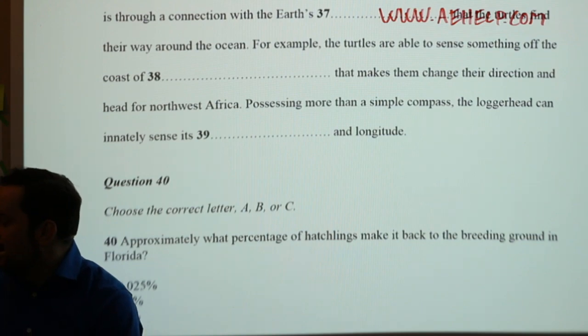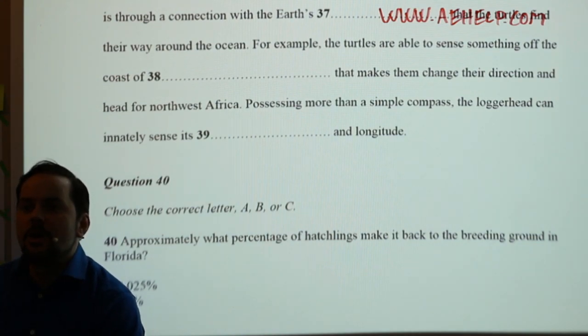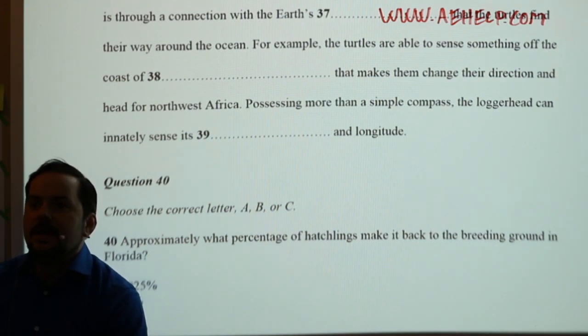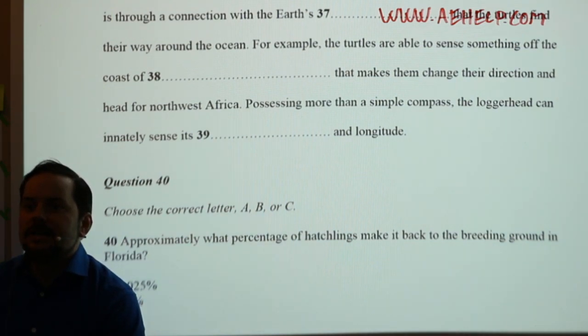Latitude and longitude. Does everybody know what latitude and longitude mean? What these two words mean? Does everybody know what these words mean? It's good academic vocabulary for you. These are the lines that separate the Earth horizontally and vertically on a map.